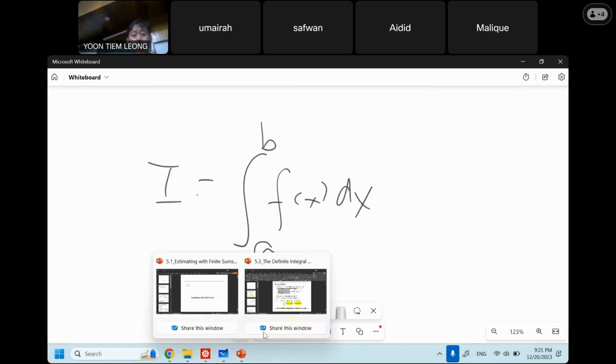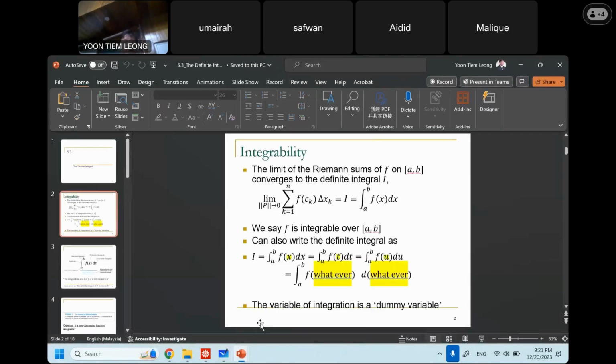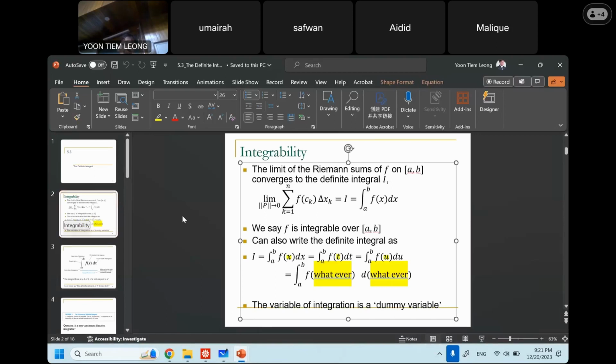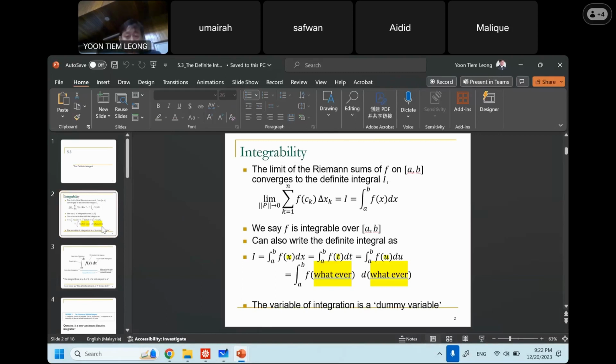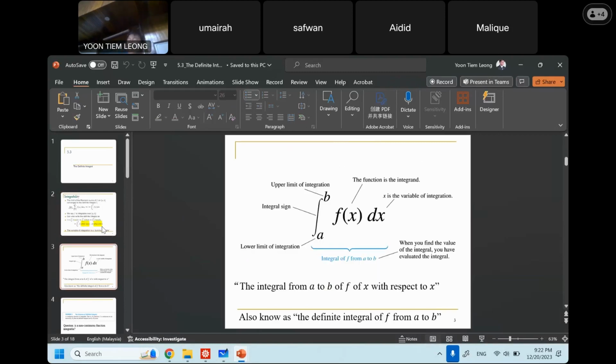Okay, so it is the symbol that we use to represent the Riemann sum of a function, and if that Riemann sum exists, then we say the function is integrable. Okay, so this is just the anatomy of the definite integral symbol. And sometimes when you see this, we say this is the integration of the function from a to b.